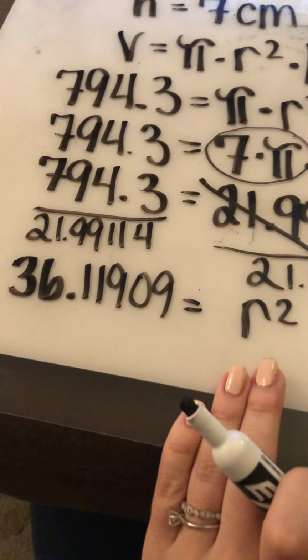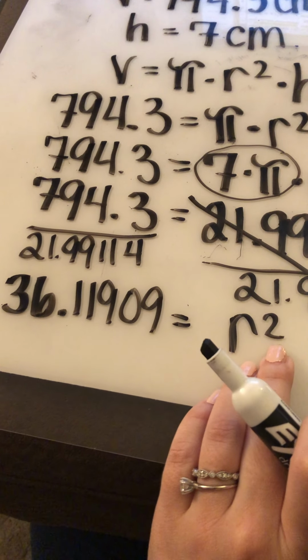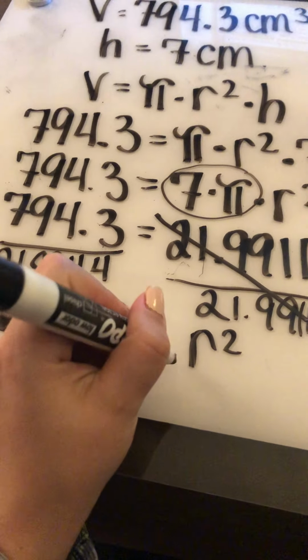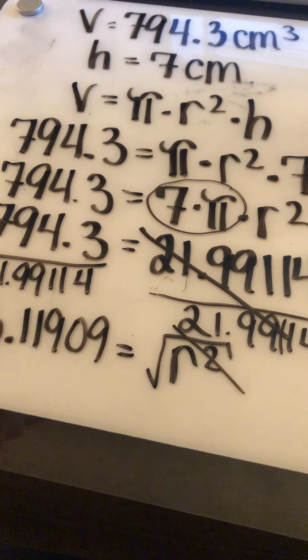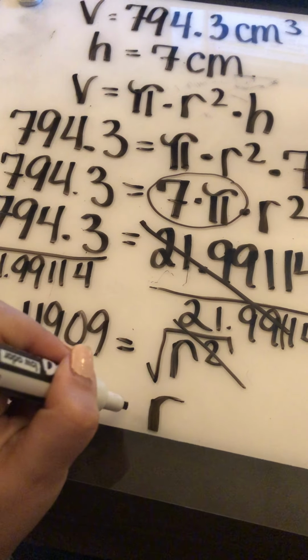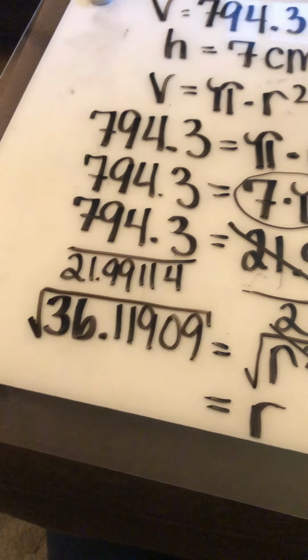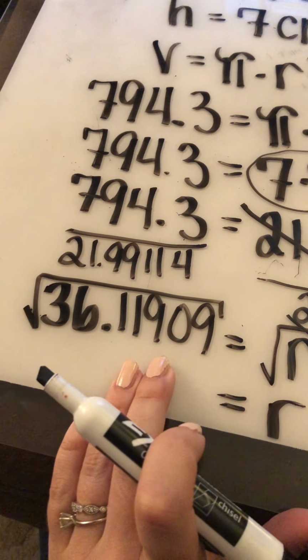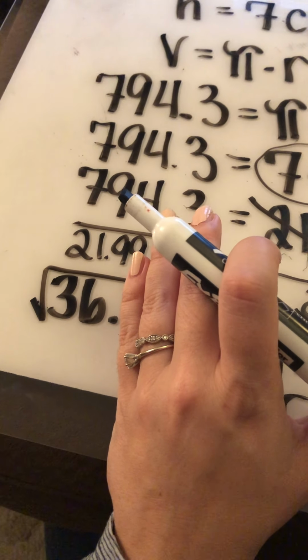Okay, and now we're back to r squared. So how do we get rid of the square on this r? Because right now it's not isolated. We find the square root. Okay, so the square root will cancel out the square. We'll be left with r. And then we find the square root over here. Now, if this wasn't a decimal, I know that my answer should be close to 6 because the square root of 36 is 6.